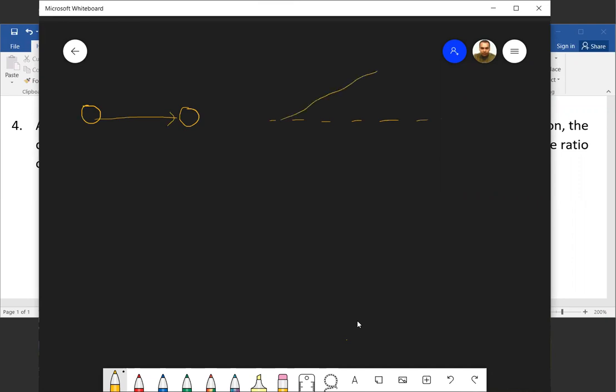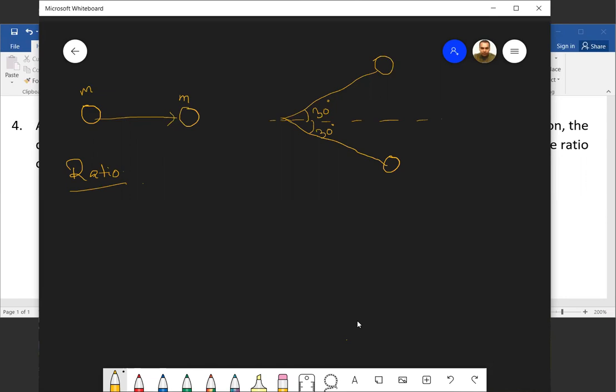After the collision, the first ball moves in this direction, the second ball moves like this, and in each case the angle made is 30 degrees. So what we have to find out is the ratio of the velocities of the balls after the collision. Each ball is said to be identical. Identical means, let us assume that the mass of each ball is m.